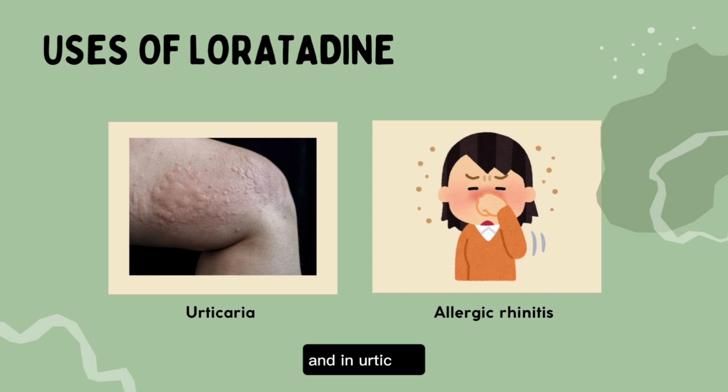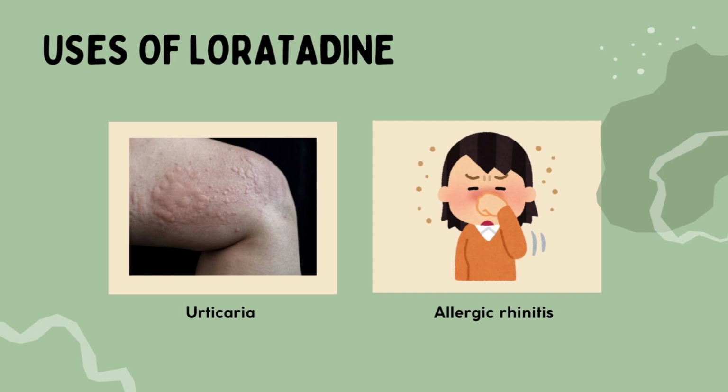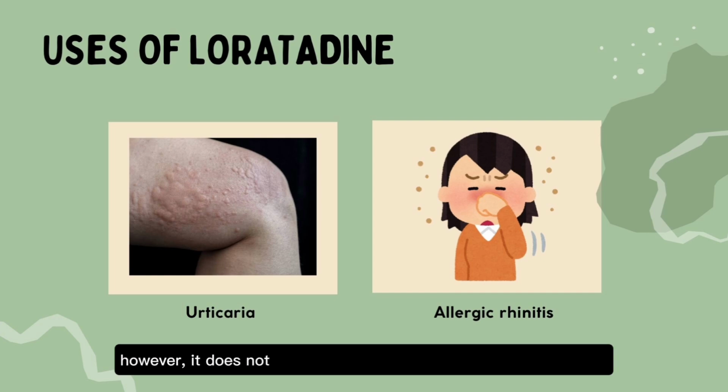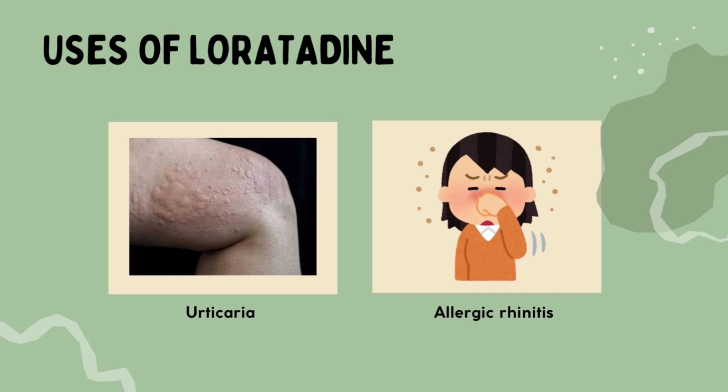And in urticaria, it helps reduce itching and redness associated with hives. However, it doesn't prevent hives or other allergic skin reactions. Additionally, loratadine can be used to treat other skin allergies such as eczema.